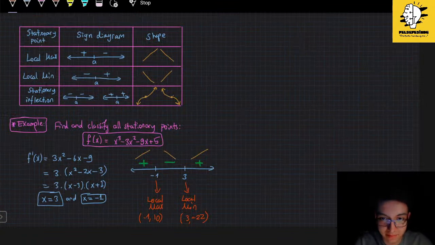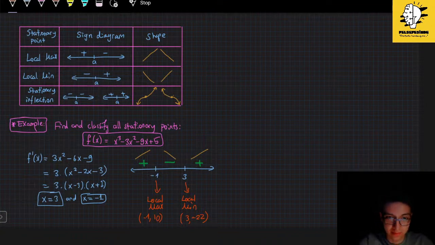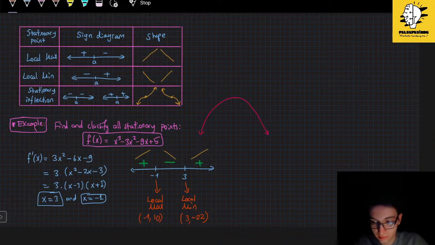So we know our function, and it asks us to classify all stationary points. What does stationary mean, guys? Stationary means when the slope is 0. For example, let's draw a maximum point here. If this is our local maximum and you draw a horizontal tangent here, what does it mean?